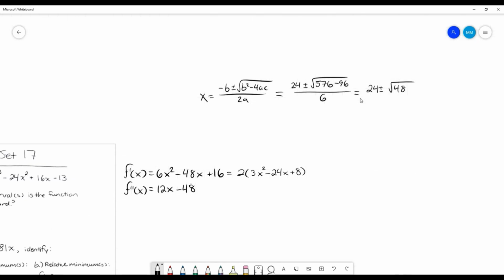So that's going to be a 480, I believe, over 6. Let's see. How can I factor 480?